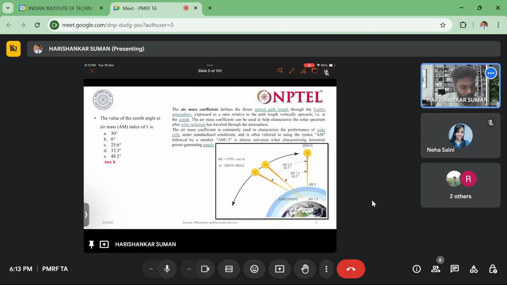Okay, here is the definition. Air mass coefficient is defined as the direct optical path through the Earth atmosphere expressed as a ratio relative to the path length vertically upward, that is the zenith. Okay, so above the Earth atmosphere it is air mass 0, but on the Earth the air mass coefficient will be 1.